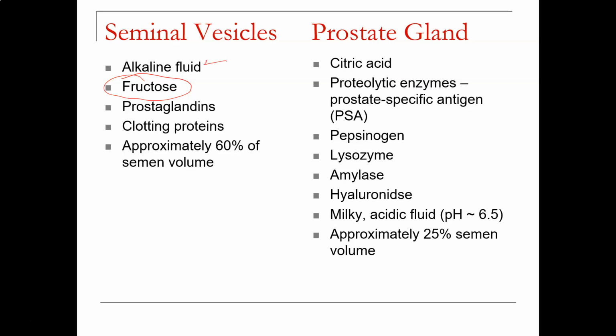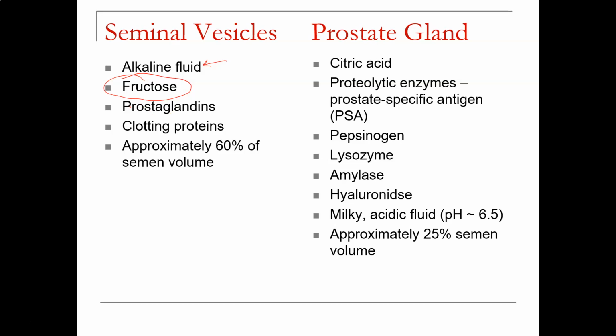There's an alkaline fluid. You want to dilute the sperm, and the pH is a little bit high in here because when the sperm are introduced into the female reproductive system, if they are, the environment there is on the acidic side. So having an alkaline fluid will kind of help neutralize the pH for the sperm.